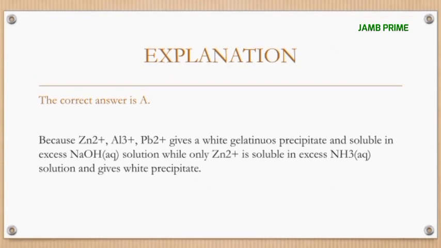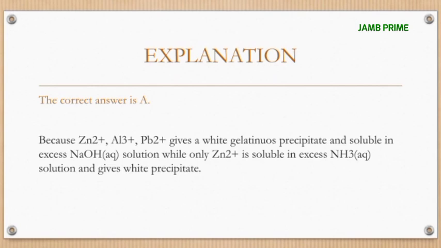So note this question. This is also something you need to note down, because your zinc, your aluminium, and your lead give a white precipitate and are soluble in excess sodium hydroxide solution.